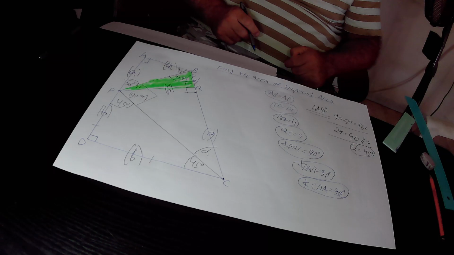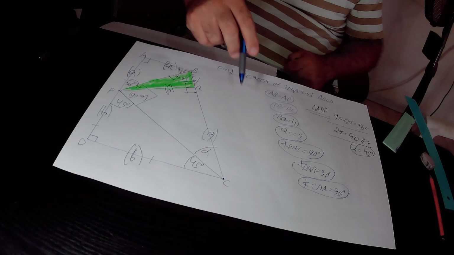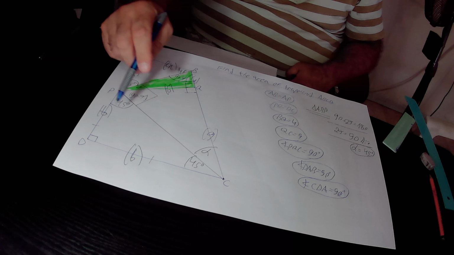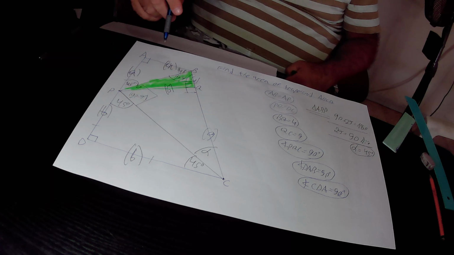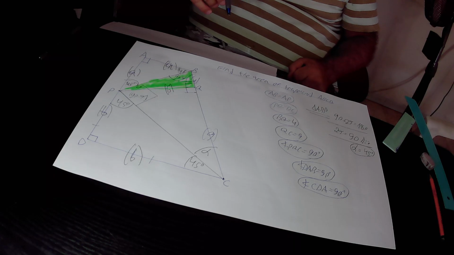The first component is the right small triangle ABP, the second component is the right big triangle PBC, and the third component is the right triangle PDC. So the sum of the areas of those three components must be equal to the area of trapezoid ABCD.